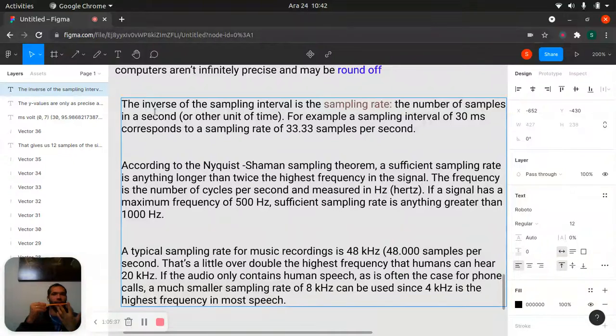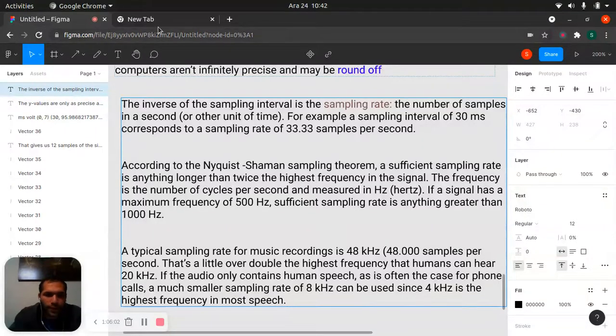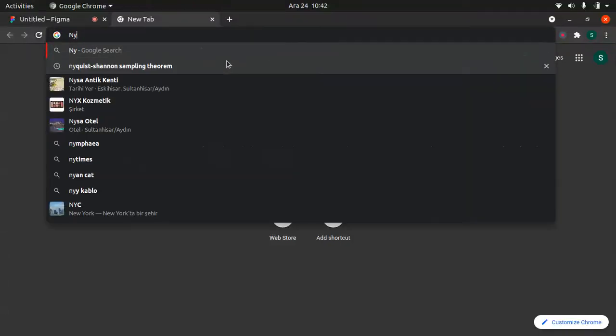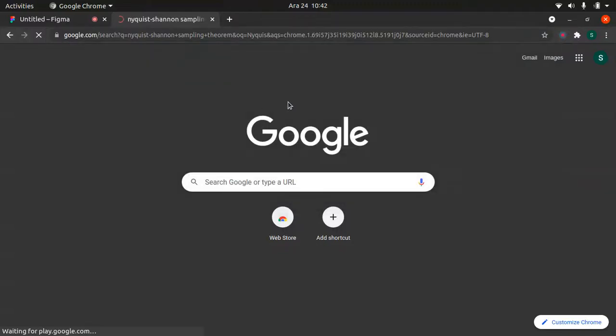This rate for 30 milliseconds corresponds to a sampling rate. We can put there 33.33 samples per second. Okay, now according to the Nyquist-Shannon sampling theorem, just look at that here. What is it? Nyquist, yes, Shannon sampling theorem.